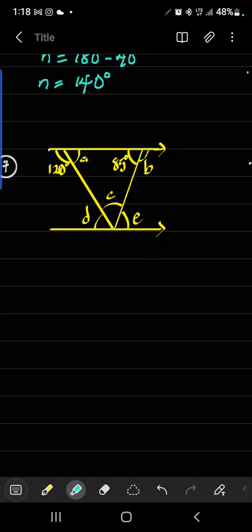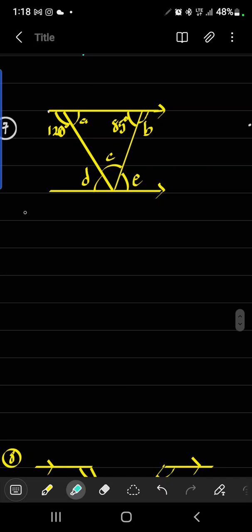So let us solve. Now you see that 120 degrees equals what? For you to apply this, just know this 120 is given here. One of the angles is given here. It means you can easily find angle C. So to find angle C, that is 120 degrees equals the sum of 85 and C, that is 85 degrees plus C. And why?